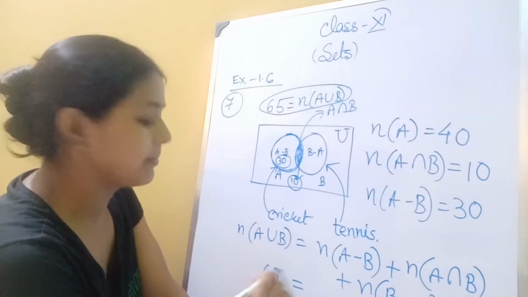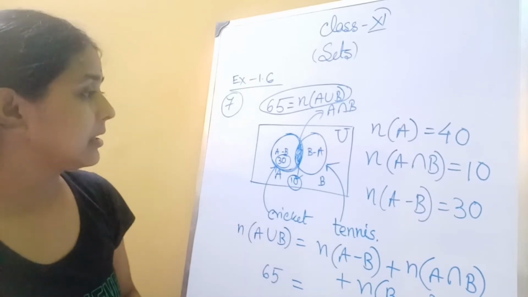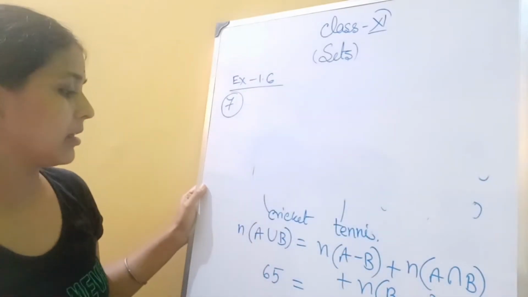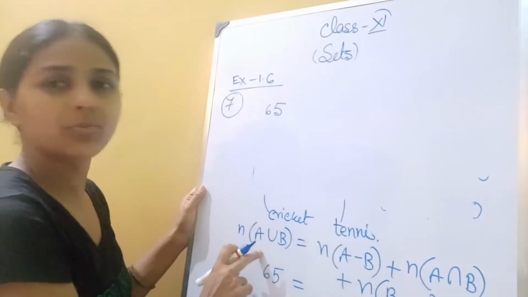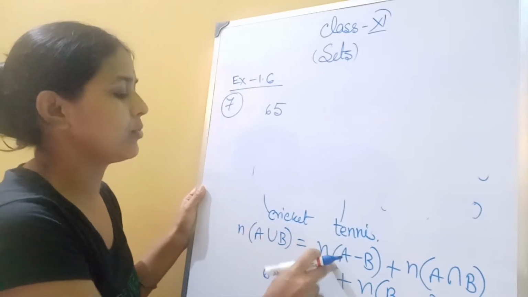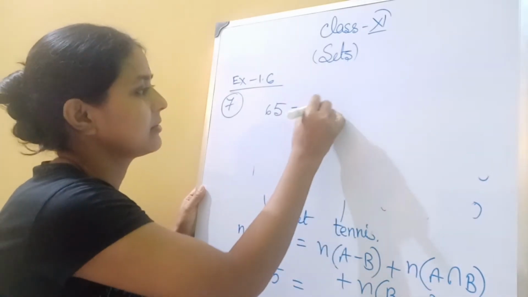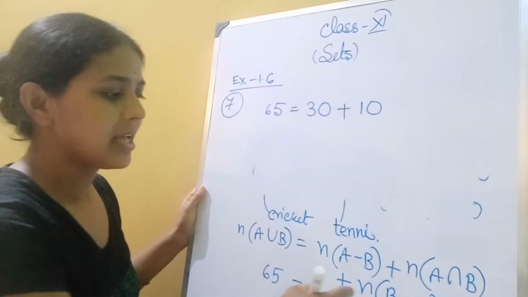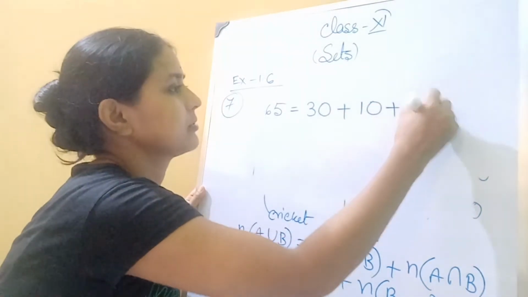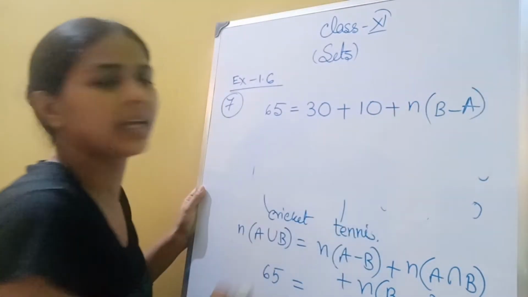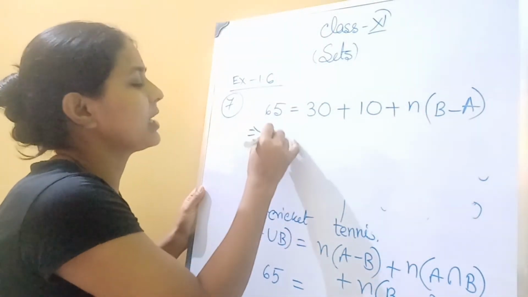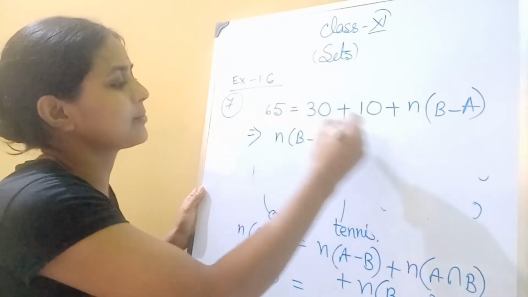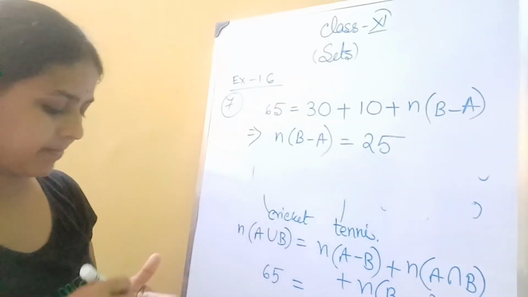Let me write it here, it would be better. This one is 65, this one we have got as 30, this one is given in the question as 10, and this one we need to find out, n of B minus A. So n of B minus A is equal to 65 minus 40, that is 25.